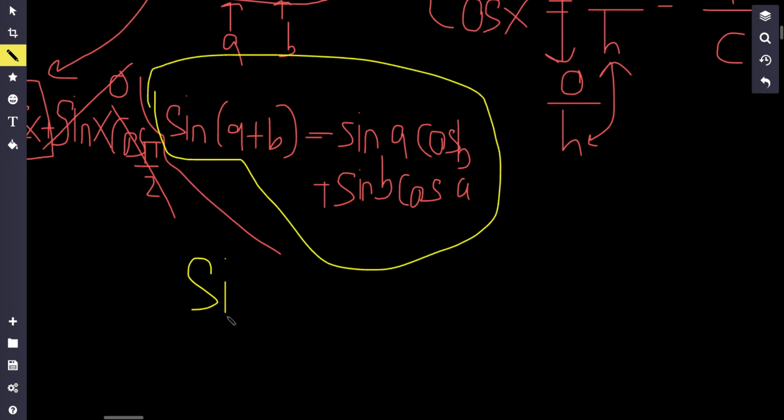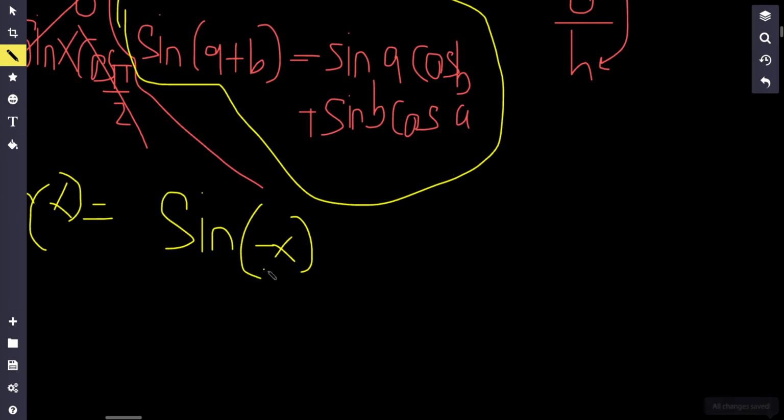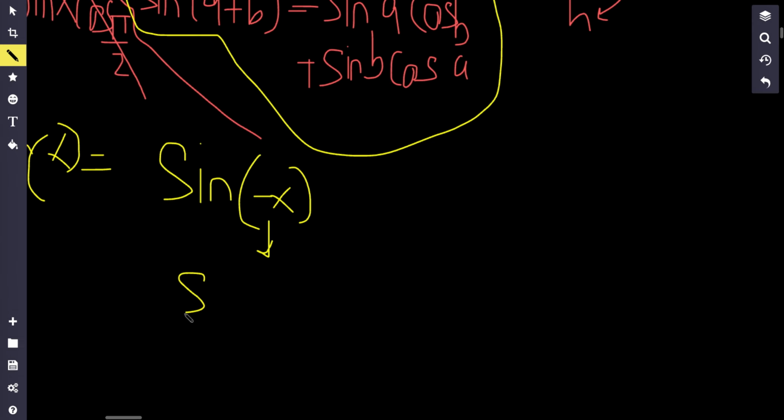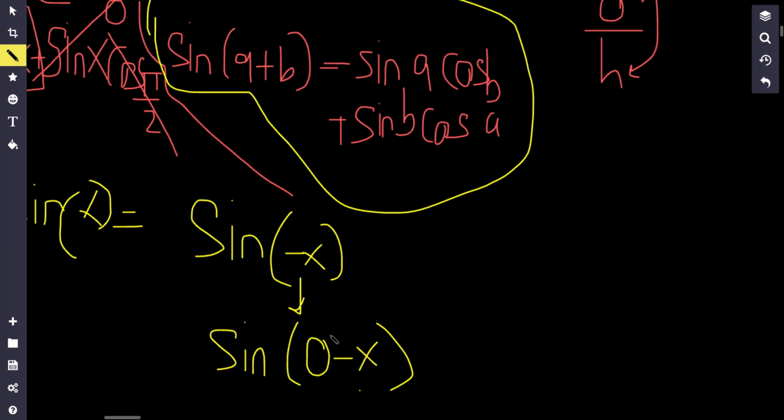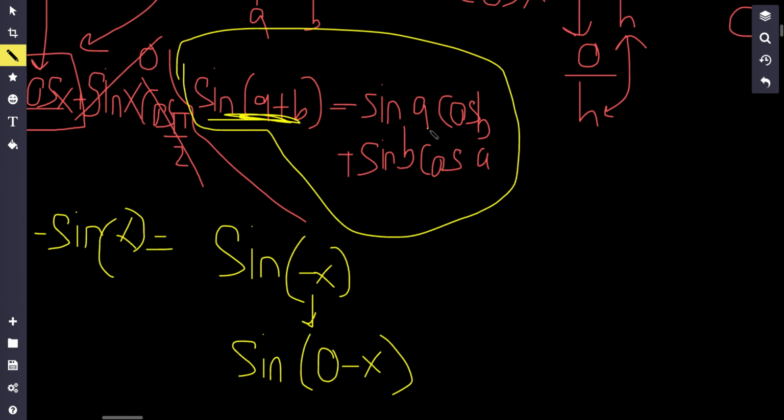Now let's actually prove algebraically that sine of negative x is equal to negative sine of x. Sine of negative x, I can rewrite as sine of 0 minus x. Notice how it's very similar to the sine of a plus b formula.